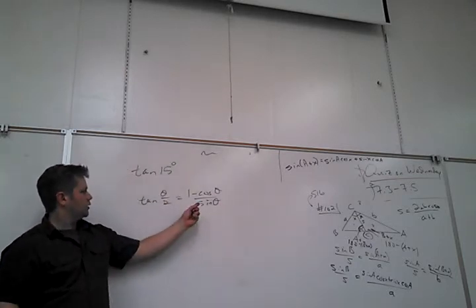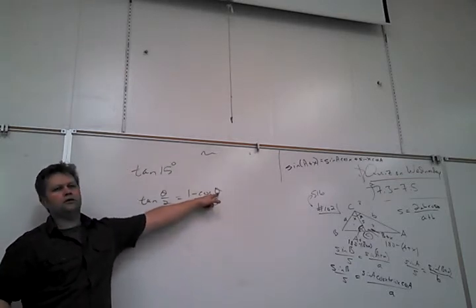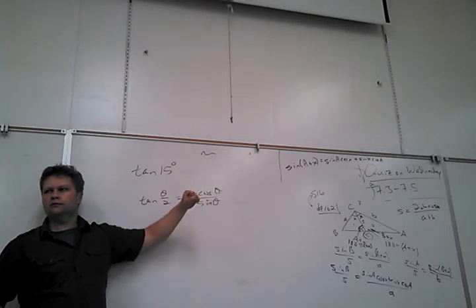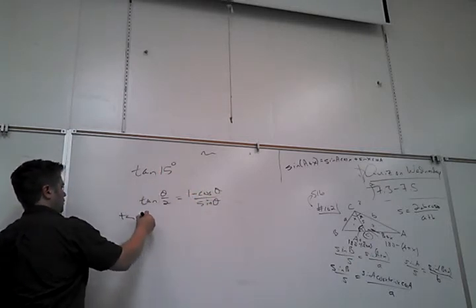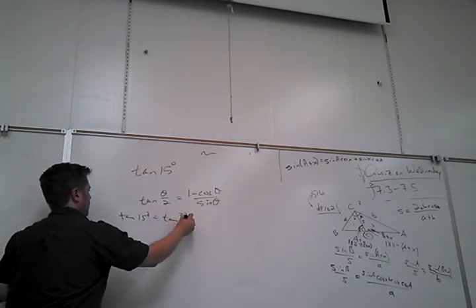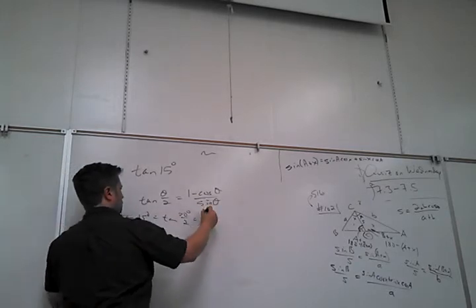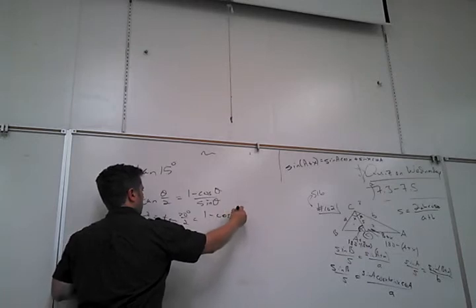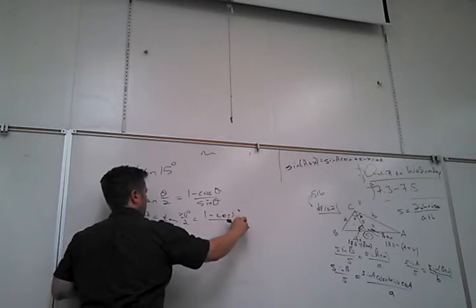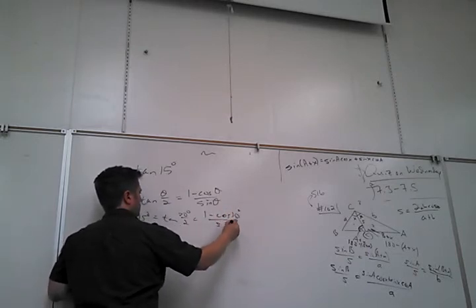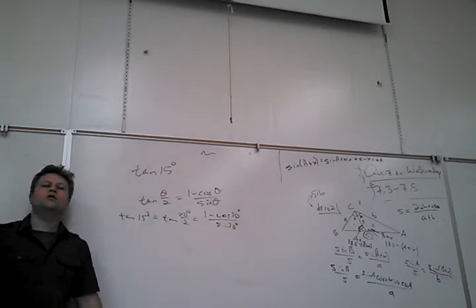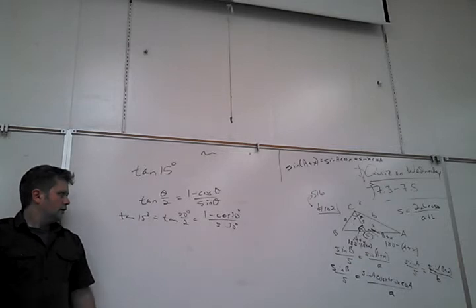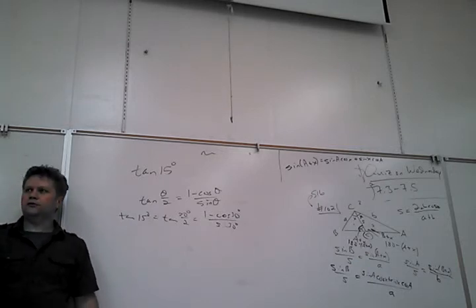So there you go. That's one I wouldn't make you memorize. But I know cosine at 30 degrees. I know sine at 30 degrees. So tangent 15 is tangent of 30 divided by 2, which is 1 minus cosine 30 divided by sine 30. I just looked up the wrong formula. Not hard to do. There's so many.